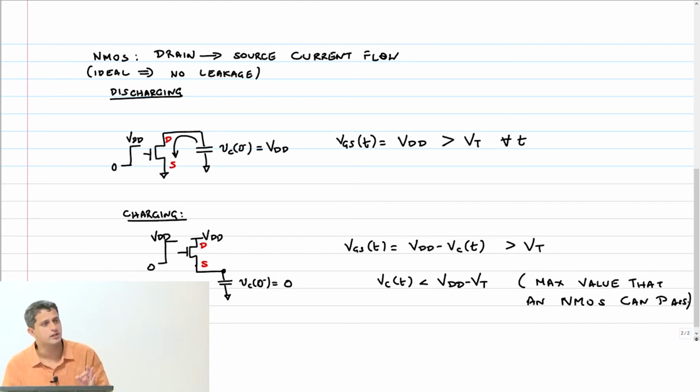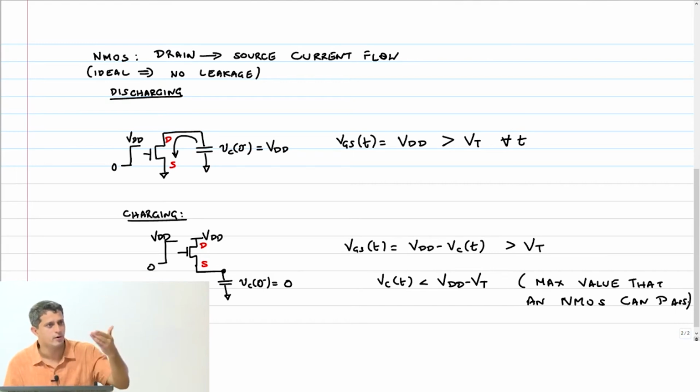The key difference is, in the discharging case, the source was fixed at ground. VGS did not depend on the capacitor voltage. On the other hand, when I am charging the capacitor, VGS is depending on the voltage that is being charged, right?